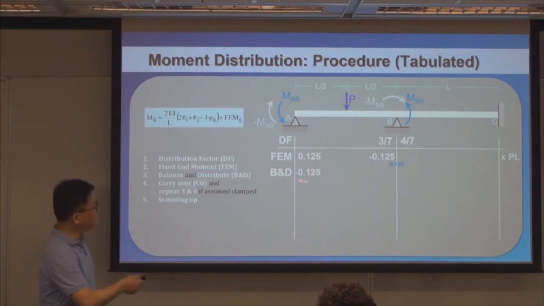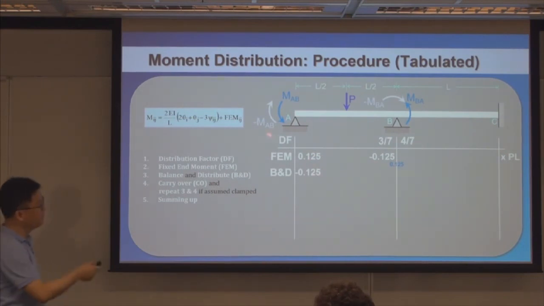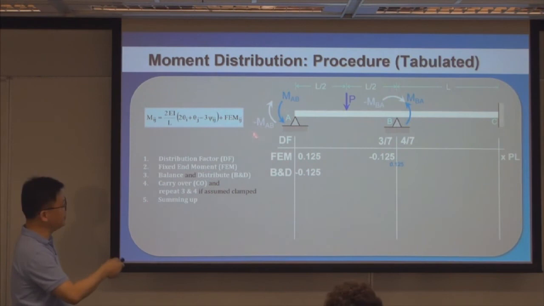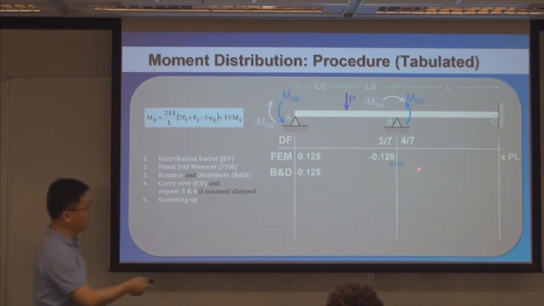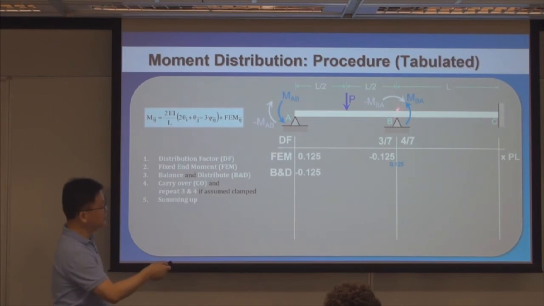Now, the negative moment here is very easy. You just apply the negative magnitude here and put it down, because there are no distributions, no joints, no other components to share that moment. But this moment needs to be shared between the two components, BA and BC. So this is negative 0.125, which needs to be balanced by 0.125 in order to cancel.